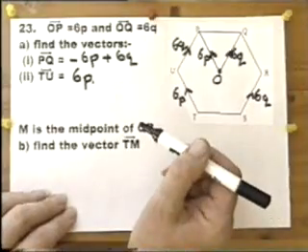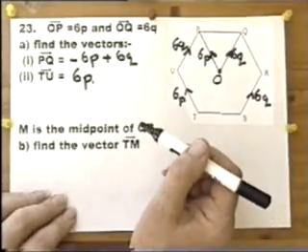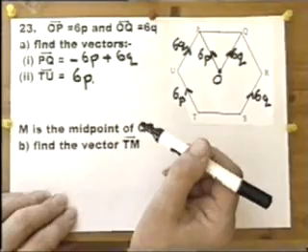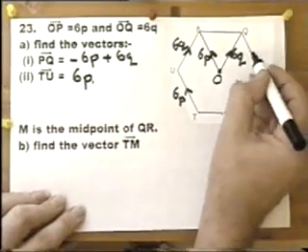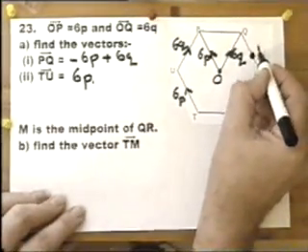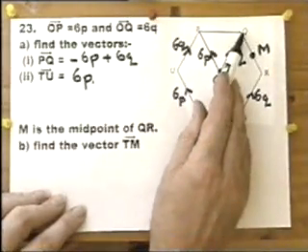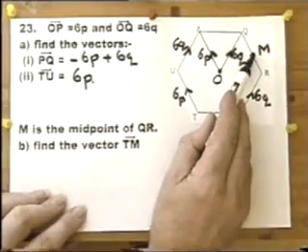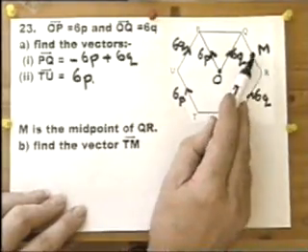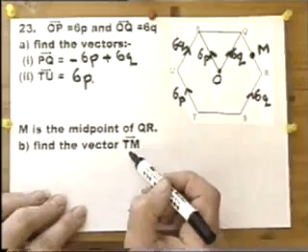The next part of the question gives us extra information. M is the midpoint of QR. So M is there. Let's put it on the diagram, because it's not on the diagram. Therefore QM equals MR. Find the vector TM.